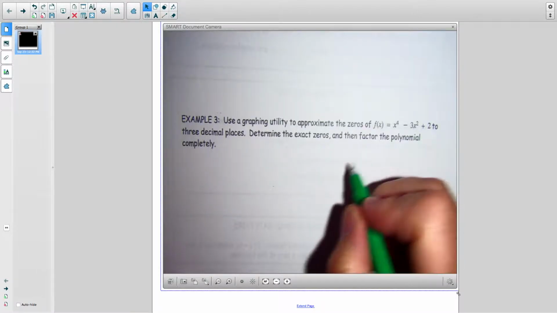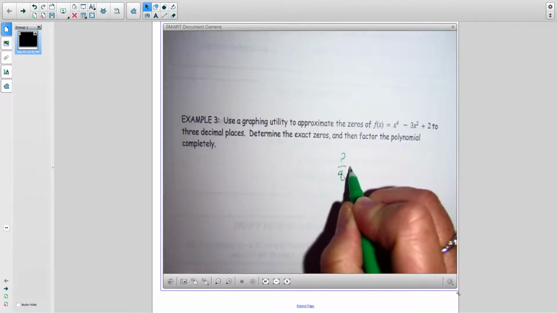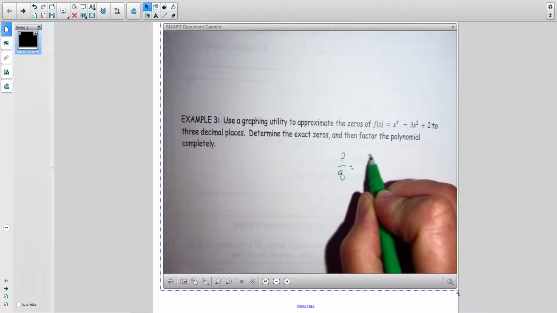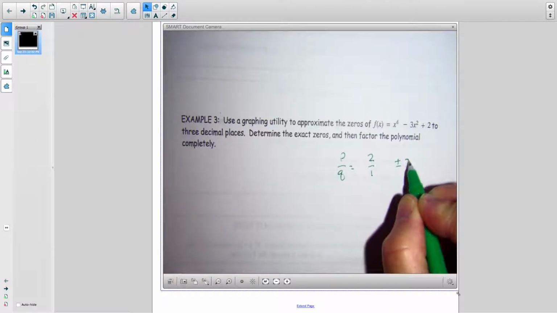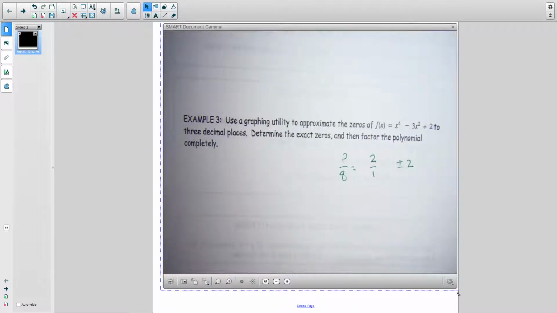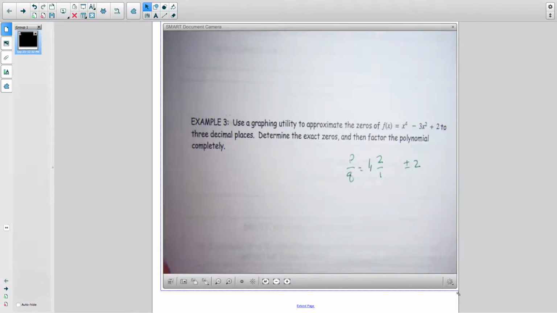We know that it's just going to be factors of 2, so plus or minus 2, and 1. Okay.